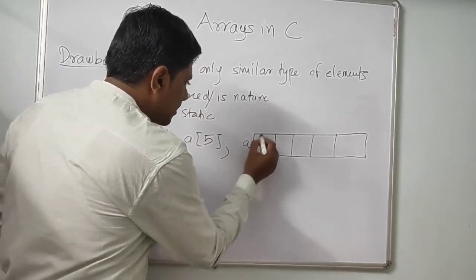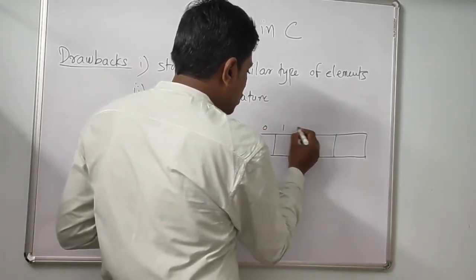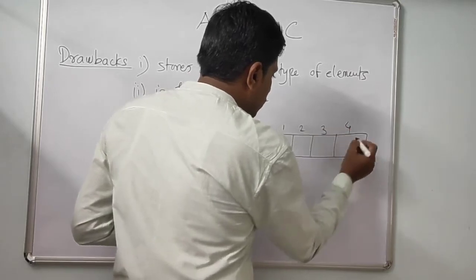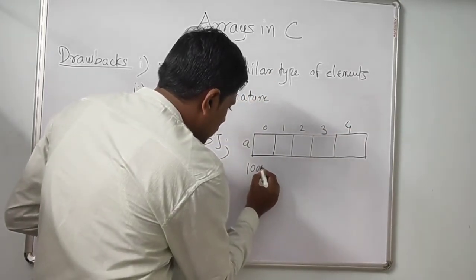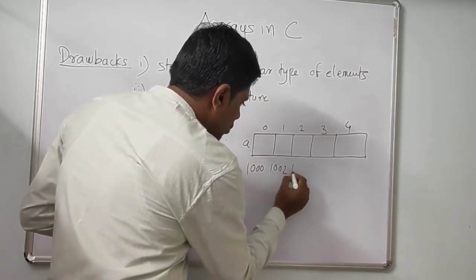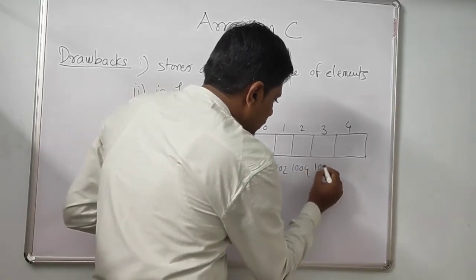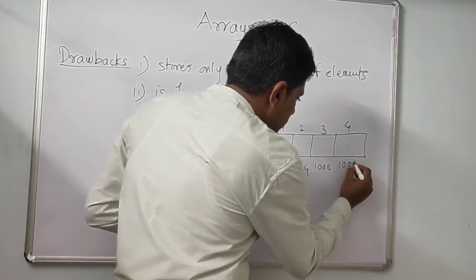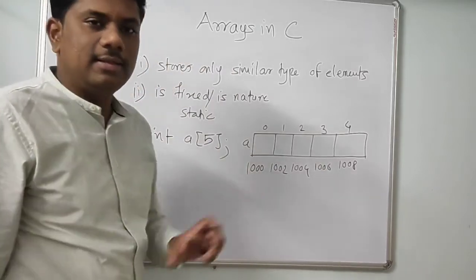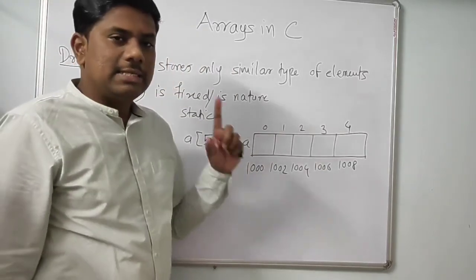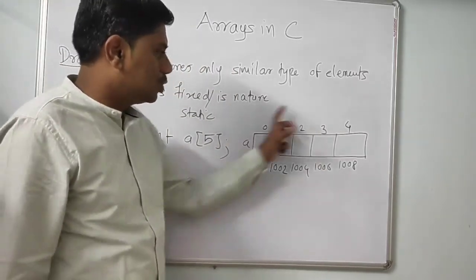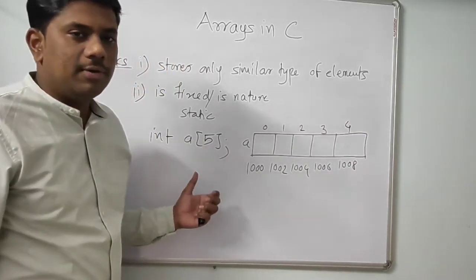Name of array is A, indices are 0, 1, 2, 3, 4, and these are the addresses 1000, 1002, 1004, 1006, 1008. I am considering a 32-bit compiler, that's why a single block will take 2 bytes. So total 10 bytes will be reserved by your compiler.